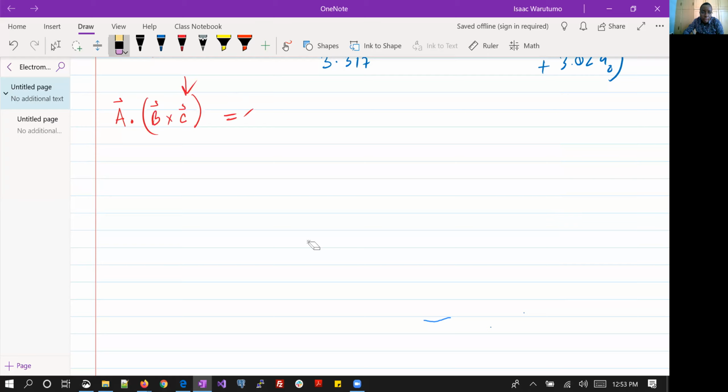Things are not moving as fast as I want them. C dot A cross B. Or you can pick this other last one again and you say B dot C cross A.